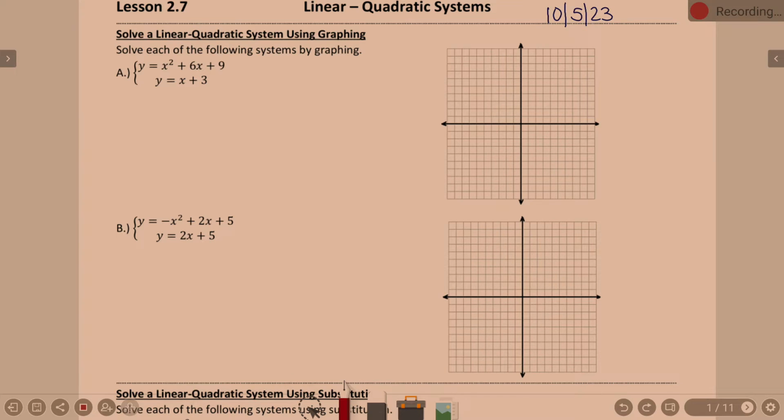Okay? We're going to start with y equals x squared plus 6x plus 9. Thoughts on how to go about graphing this? We gotta get x squared mixed up. Probably maybe square root or everything else. No, because I would still have x's there.